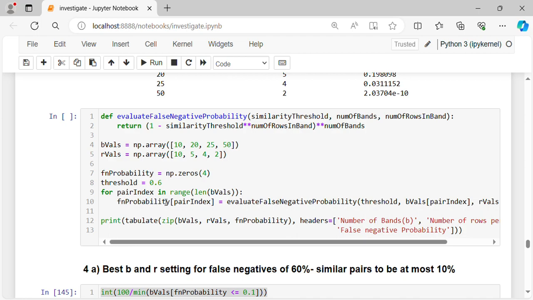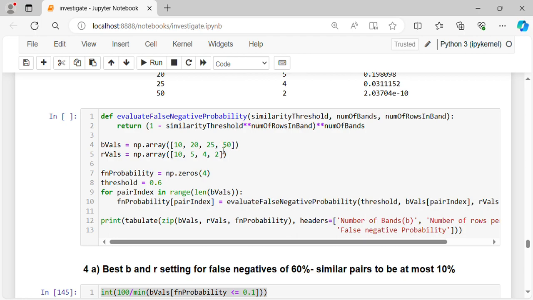So for pair index in range 0 to 3, that is 0, 1, 2, and 3, Fn probability of pair index equals evaluate false negative probability. So it's calling this function here, and the input is threshold, which is 0.6, that is the similarity threshold, and B values at pair index.